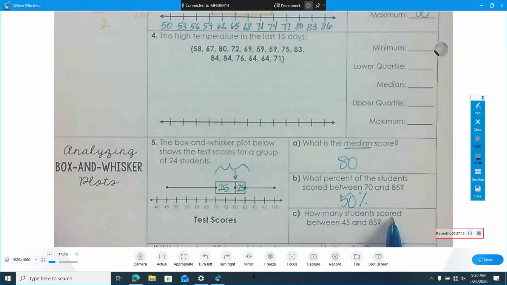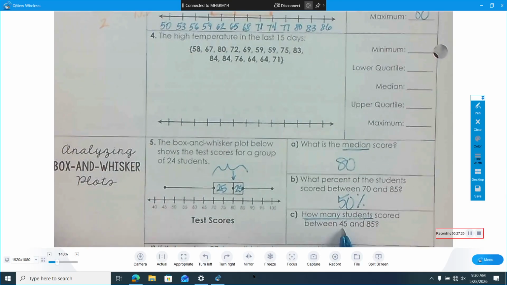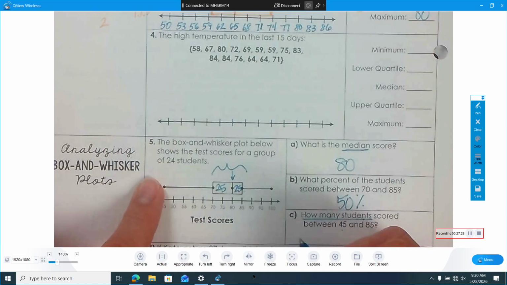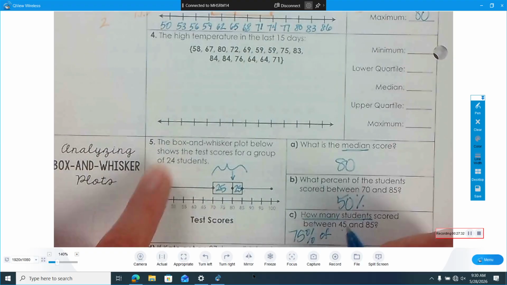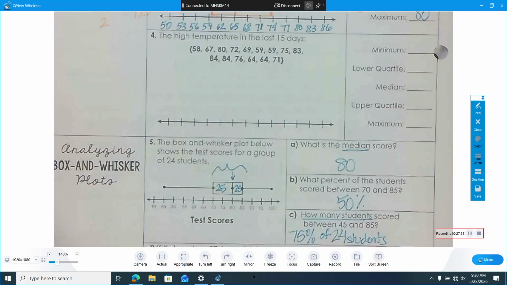How many students? Now we don't want percent, we actually want to know the number of students. How many students scored between 45 and 85? 75% of 24 students. How do you figure that out, ladies and gentlemen?